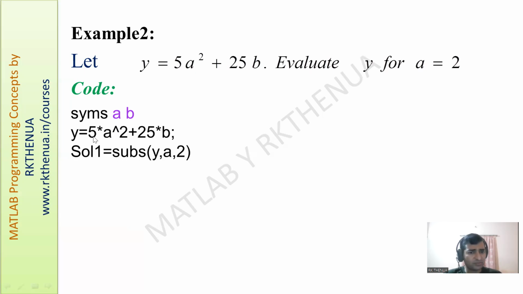So I have stored this one in y, or either you can directly write all these things at this first position. Okay, you can write here. And after that, I decide what variable you want to put, actually, what substitution you require. So I want to put 2 in place of a. So a will be replaced by this.